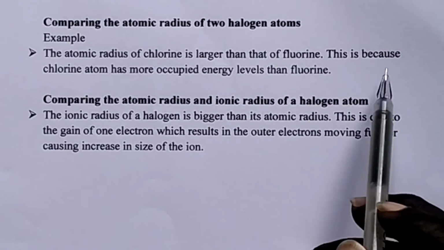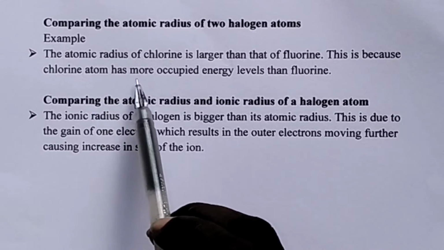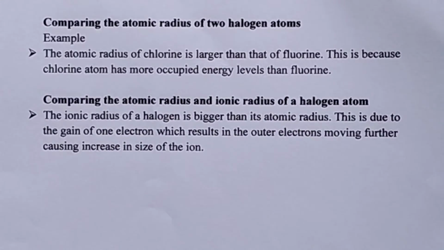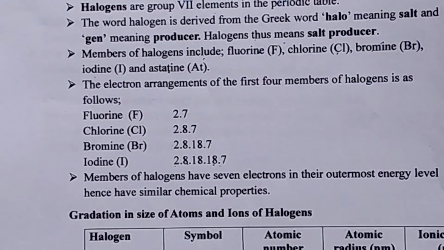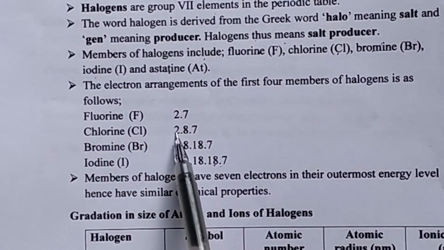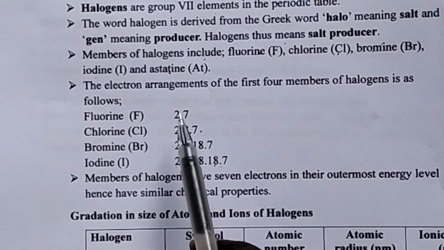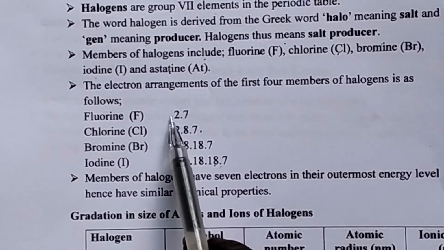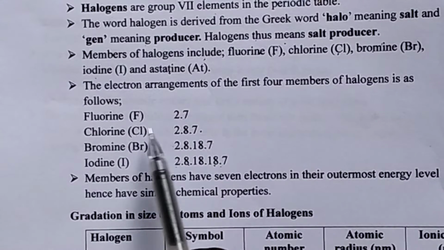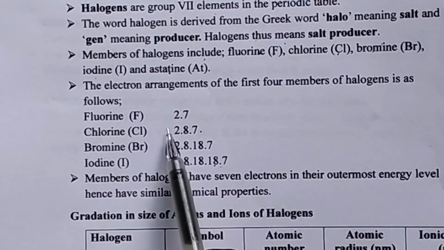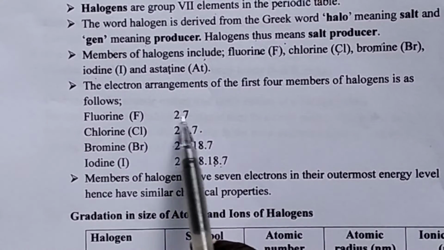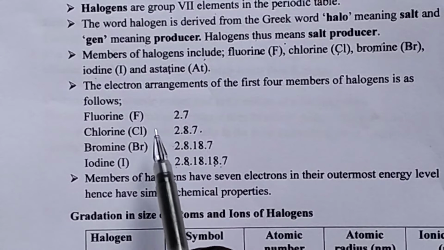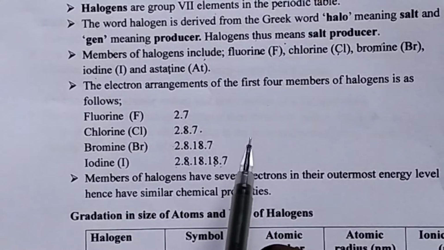This is because the chlorine atom has more occupied energy levels than the fluorine atom. Using the electron configuration, chlorine has 3 occupied energy levels and fluorine has only 2. For this reason, chlorine has a higher atomic radius compared to fluorine, because chlorine has more occupied energy levels.